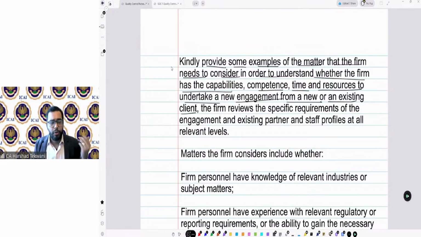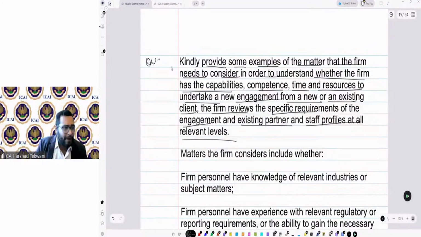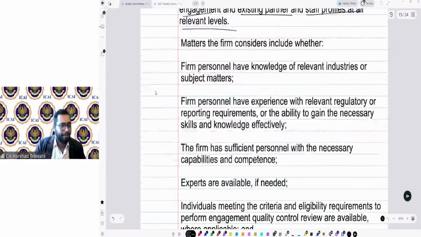The firm reviews the specific requirements of the engagement, and existing partners and staff profiles at all relevant levels. So what are those things that the firm needs to consider? That was the question. Now let us see the answer.